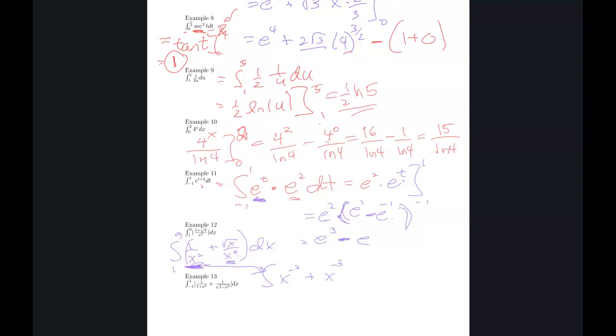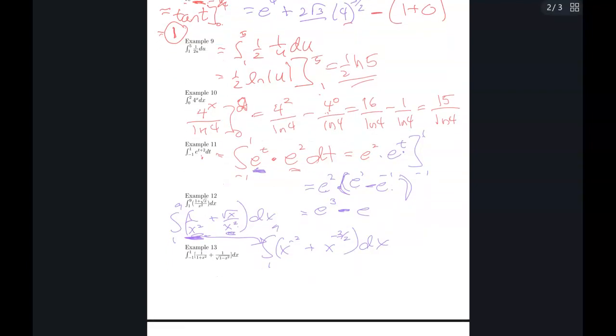So that'd give you x to the negative 3/2 dx, and then between 1 and 9. So take the antiderivative, so I'd get x to the negative 1 over negative 1. And remember, you're adding 1 to the exponent. You increase the exponent. So I get x to the negative 1/2 over negative 1/2, right? And then I would go plug in my numbers 1 and 9.